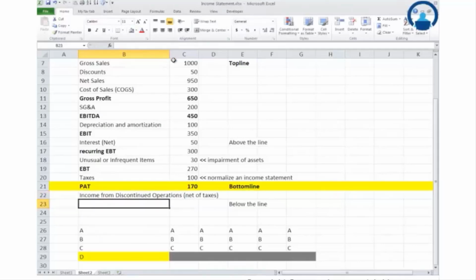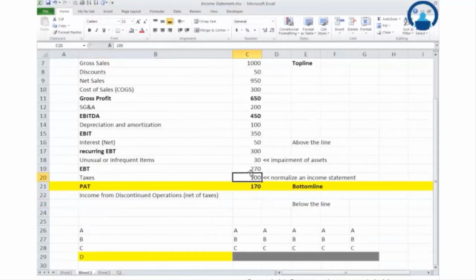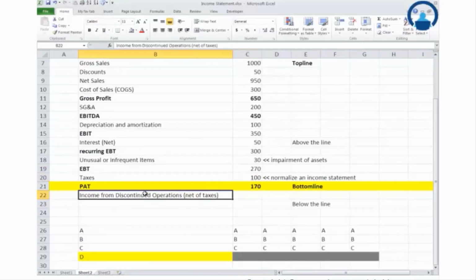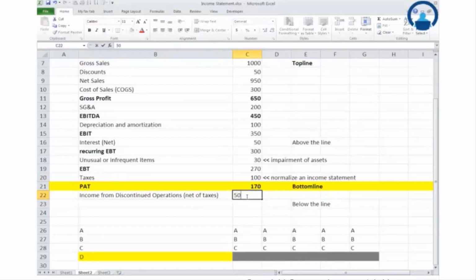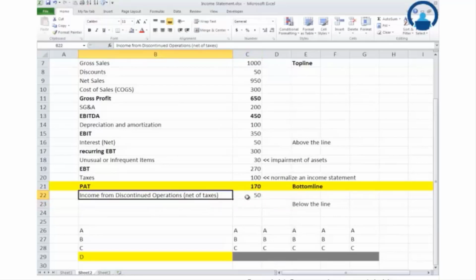Since we have already calculated taxes above this for the continued operations, income from discontinued operations net of taxes is reported below the line, and let's assume that this was around 50. So this is how it gets reported in the income statement.